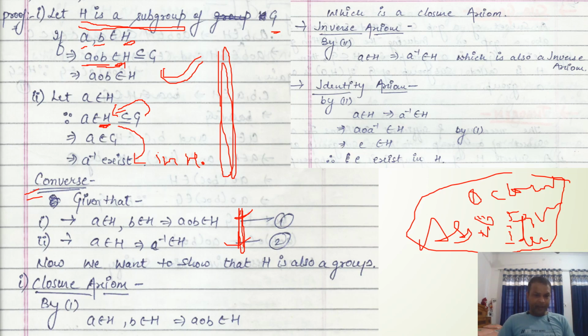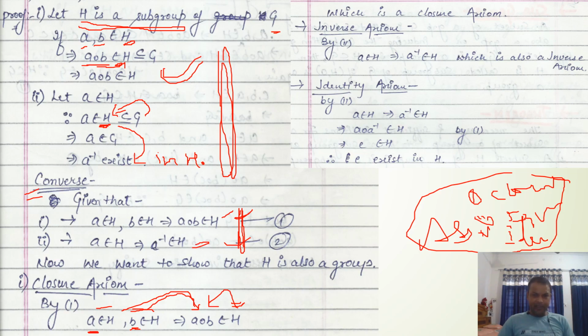In the first property, we have assumed that A belongs to H and B belongs to H, then their composition will also belong to H, where A and B are arbitrarily chosen variables from this set H. So the composition of every two elements is available in H. So this H satisfies the closure property. In the second, this is also the inverse property.